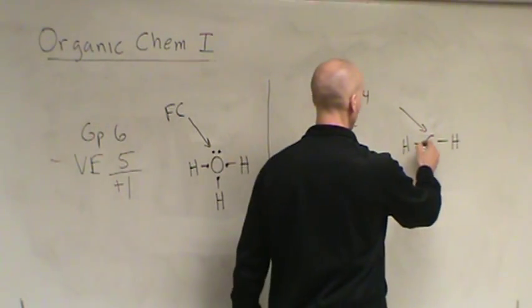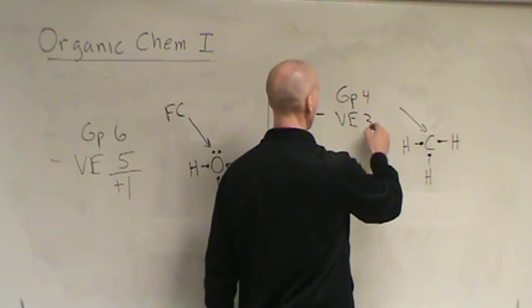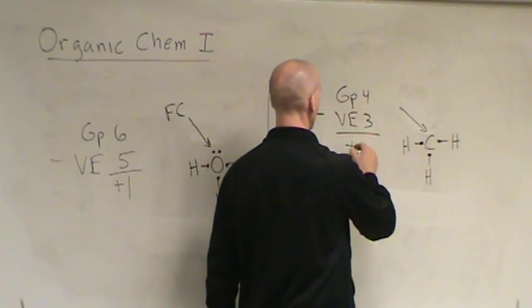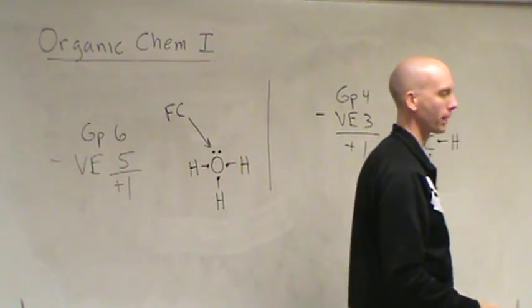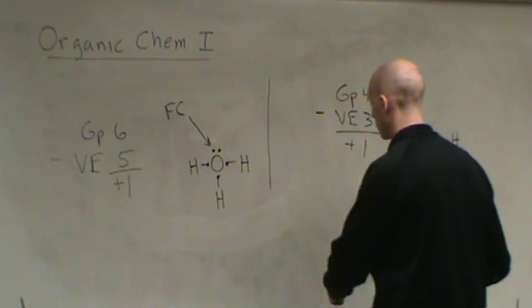Where are they? 1 for each bond, so 1, 2, and 3. So 4 minus 3 is plus 1. So the carbon had a formal charge of plus 1. Okay? Again, this concept of formal charge, very important. Let's do some more examples.